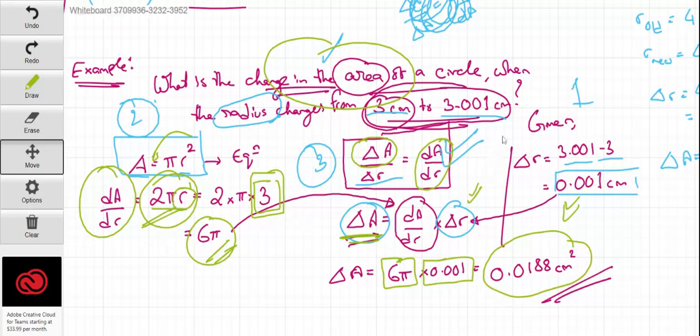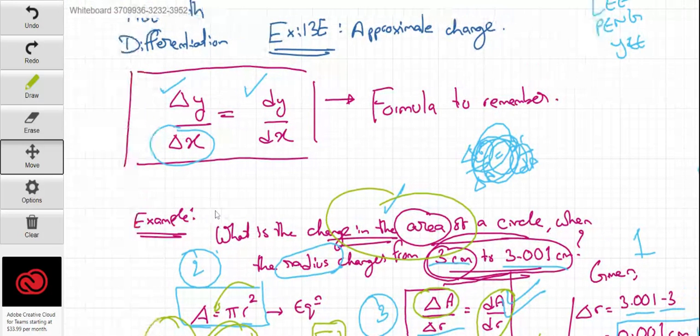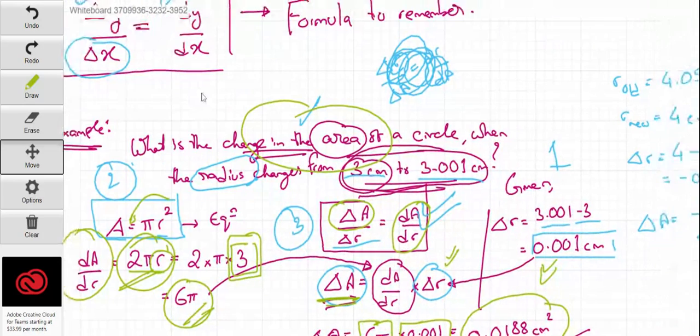So hopefully that clarifies how you use this particular formula. Again, in summary, this is the change in y which results from a change in x, which is equal to the value of the differentiation. So obviously you need an equation to differentiate, which might be given in the question, or might not be directly given, just like in this particular example.